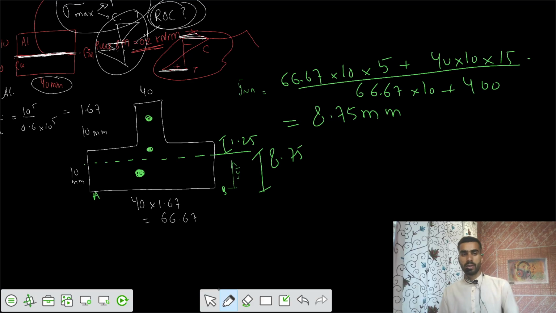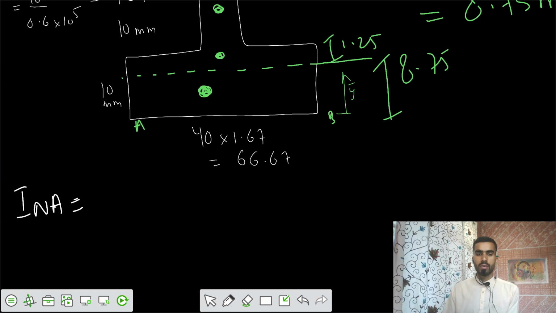The third step is the calculation of I_NA, the second moment of area about the neutral axis, 8.75. Let's solve that.